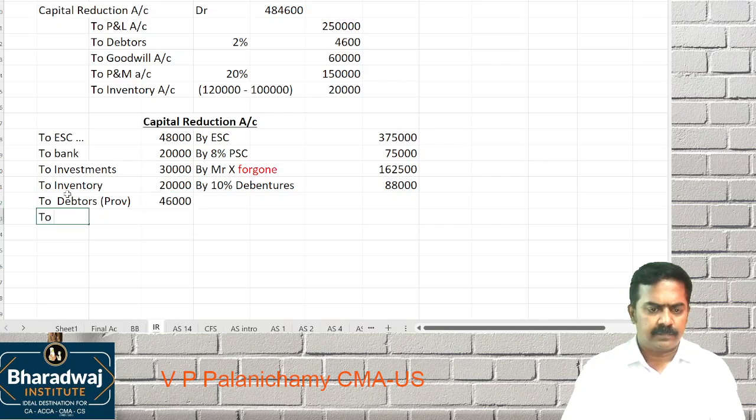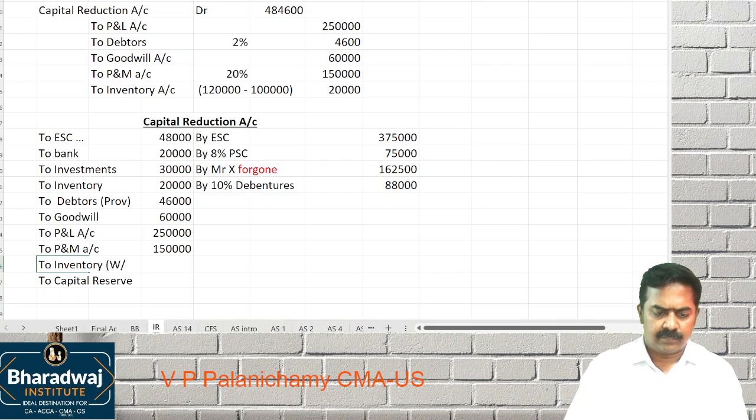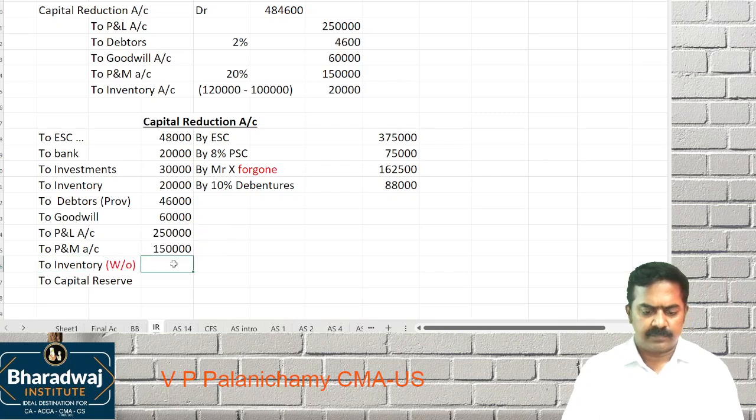Then goodwill written off, last entry, like 60,000 to profit and loss account, 2,50,000 written off. So plant and machinery written off. Plant and machinery written off how much? Then tally this. To inventory written off. Inventory written off to the extent of how much?